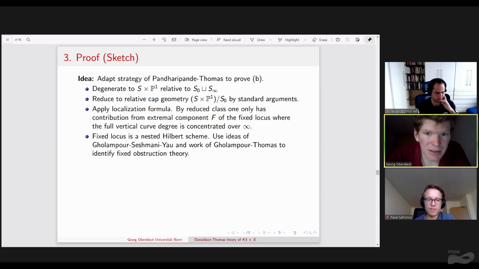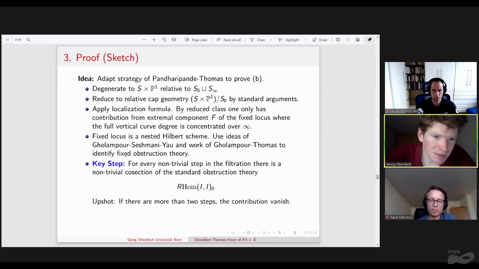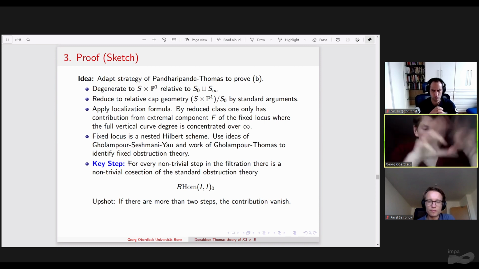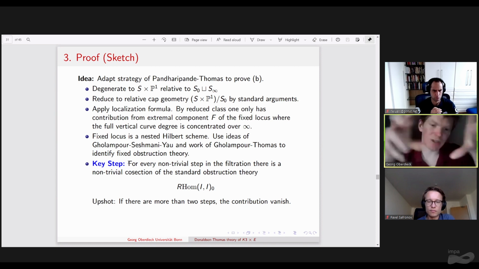Then, using ideas of Gholampour, Sheshmani, and Yau, and further work of Gholampour and Thomas, you can also identify the fixed part and the moving part of the associated perfect obstruction theory. The key step is that you have nested Hilbert schemes, a bunch of ideal sheaves on this K3 surface, one contained in the other, and at some point this filtration stabilizes.